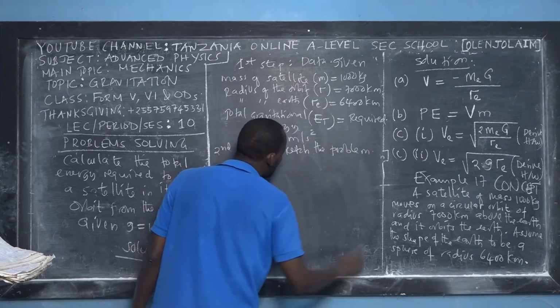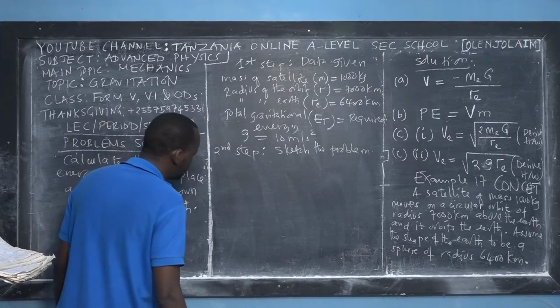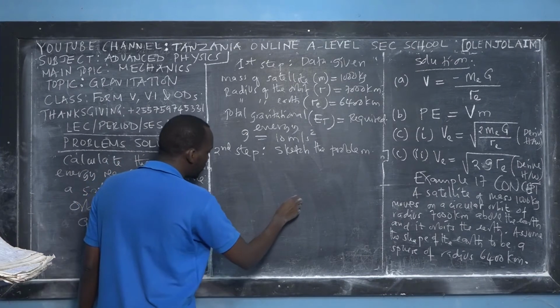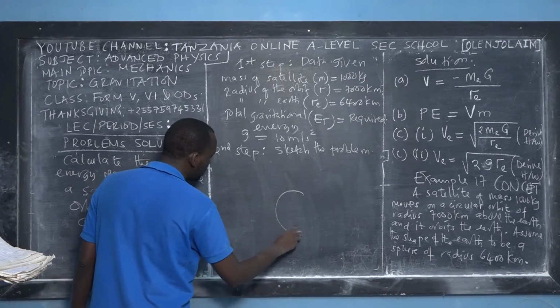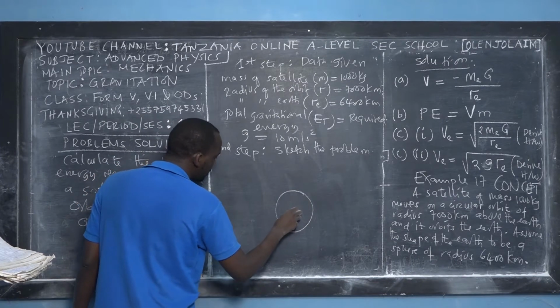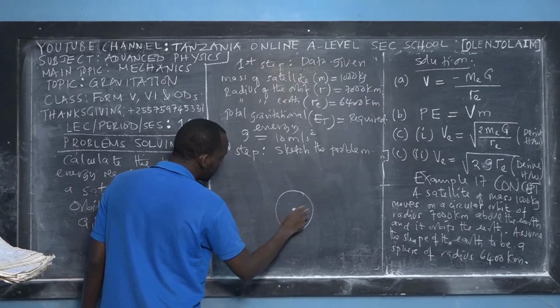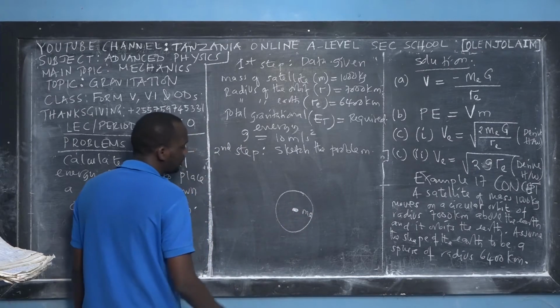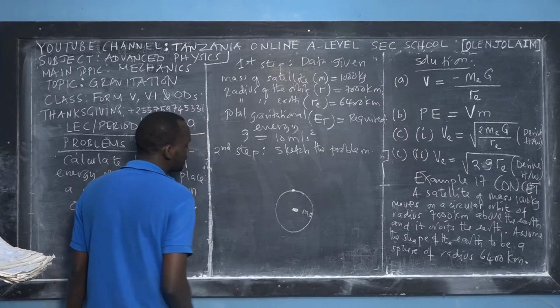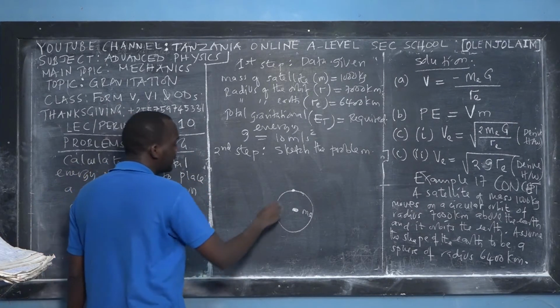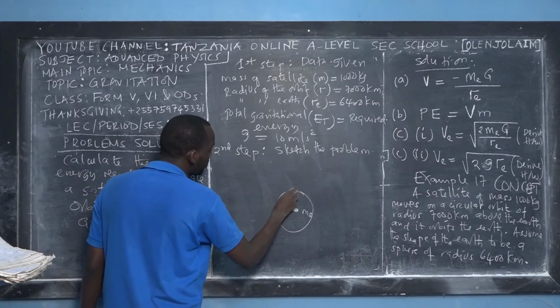First of all I will sketch the surface of the Earth and its center. This is the mass of the Earth. This is a point above the Earth, and suppose that this is point A.